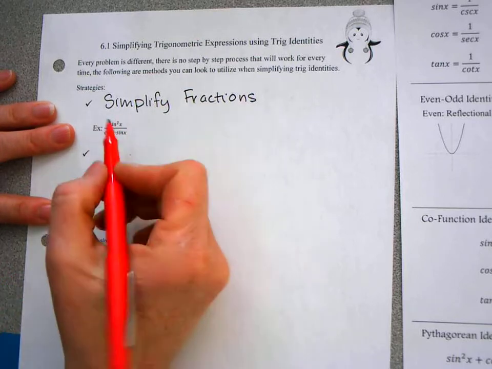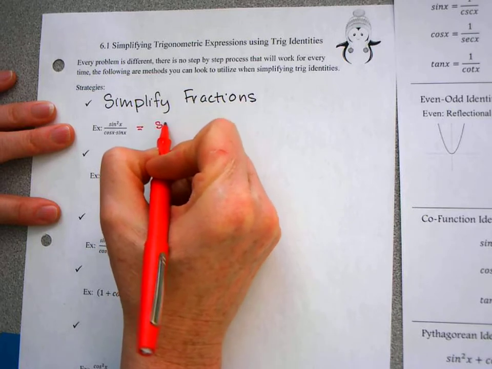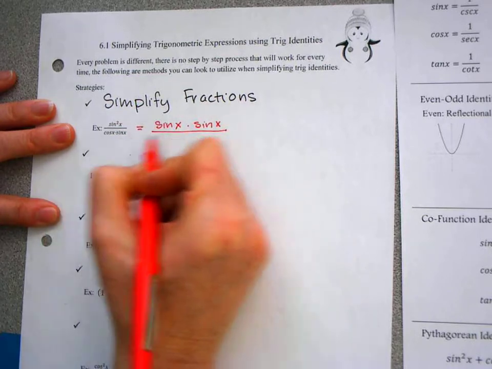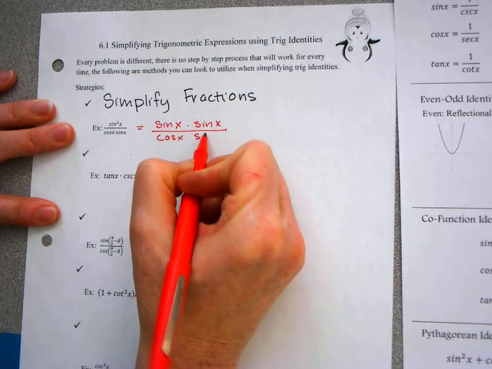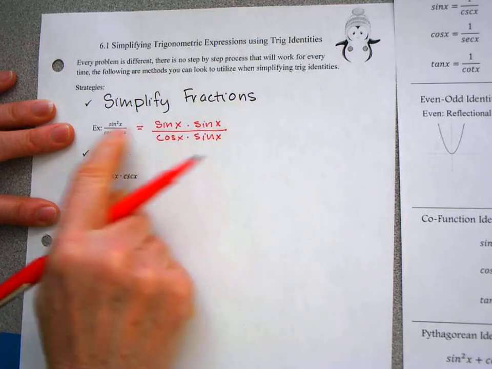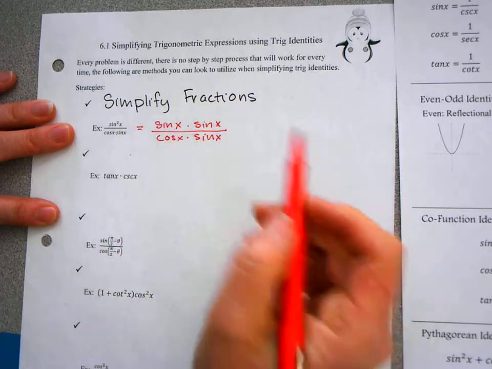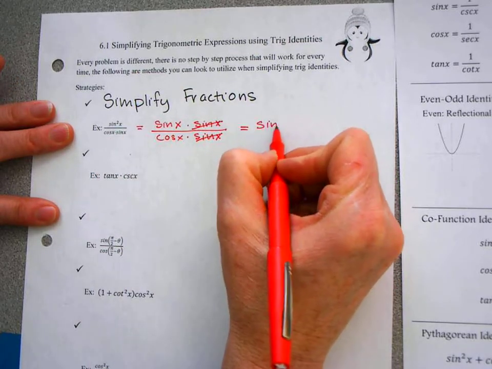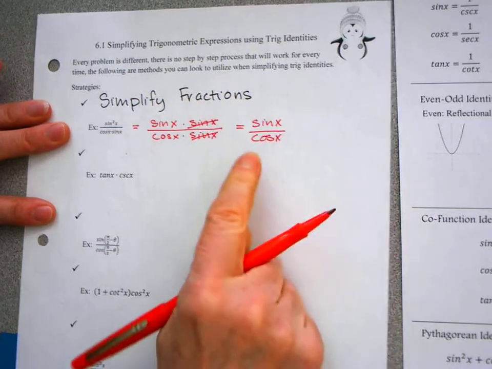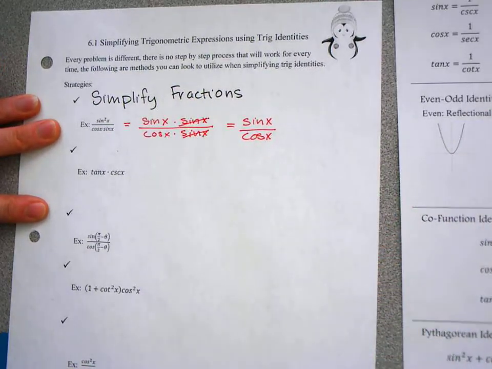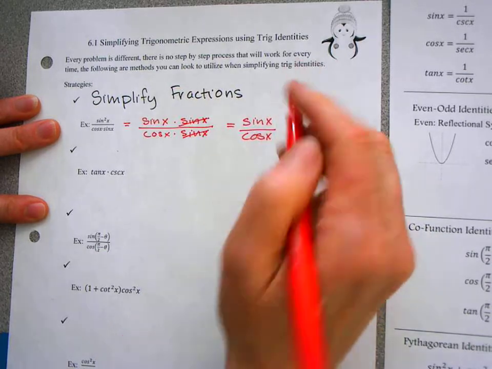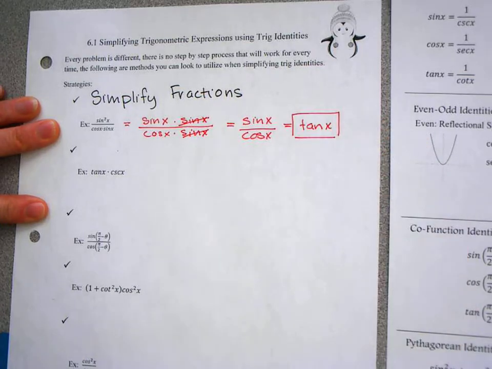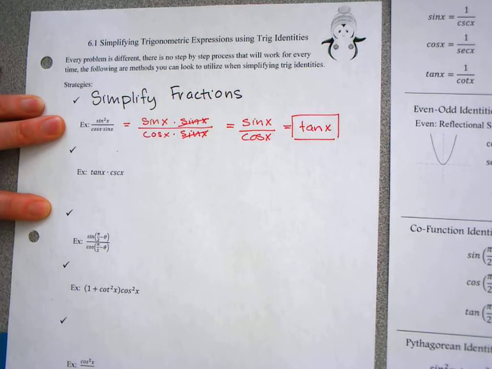So this is equivalent to the sine of x times the sine of x over, just keep this the same, cosine of x, sine of x. That's what sine squared of x is. It's the sine of x times the sine of x. So what we see is that these 2 will cancel, so this simplifies to the sine of x over the cosine of x. But then I can simplify again because I look at my quotient identities and I know that the sine over the cosine is equivalent to the tangent of x. And that is the simplest form I have for this expression. So that's one thing we can do.